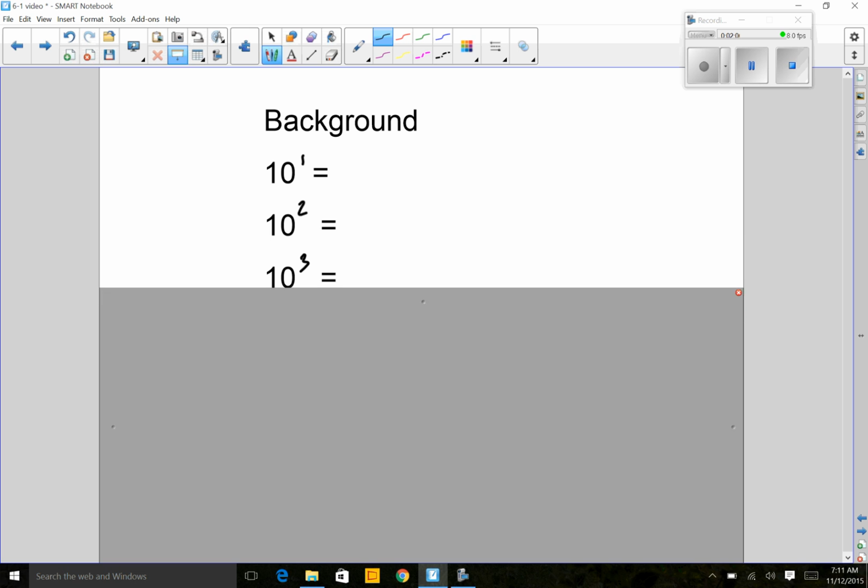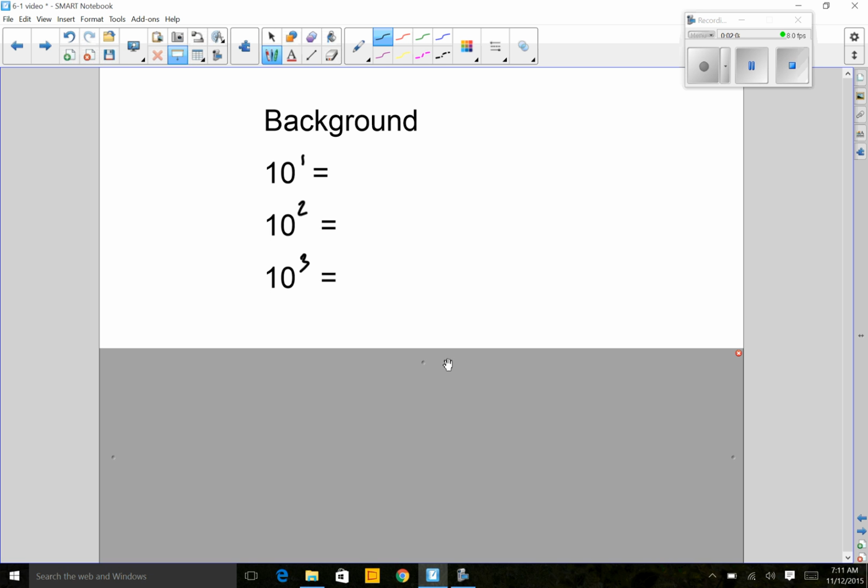The other little background I want to make sure we understand is that 10 to the first power is 10. 10 squared is 10 times 10, which is 100. You just have to trust me on the 10 to the first power. And 10 times 10 times 10 is 1,000, and so forth.